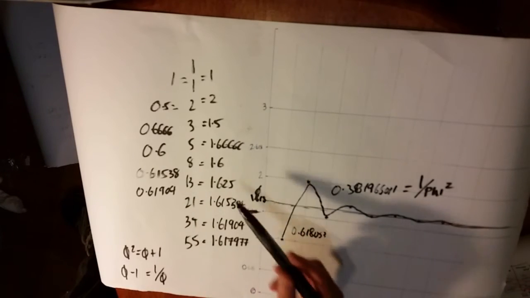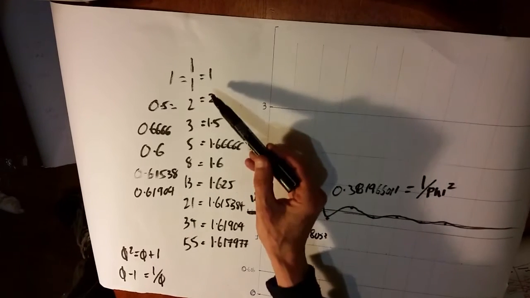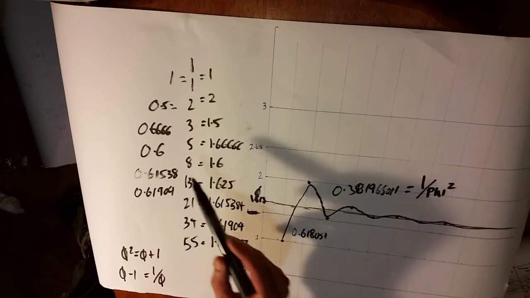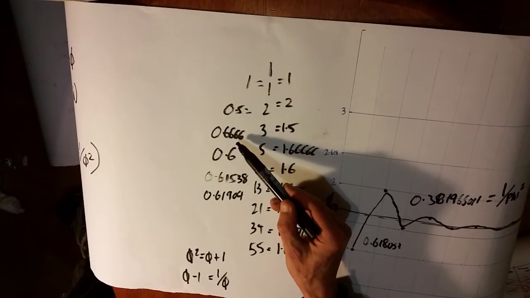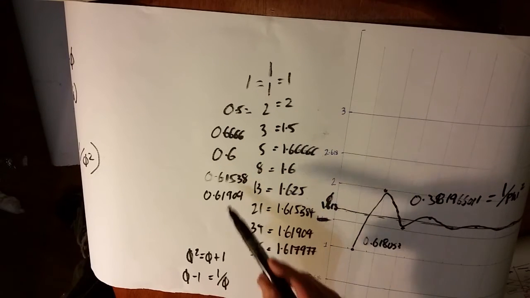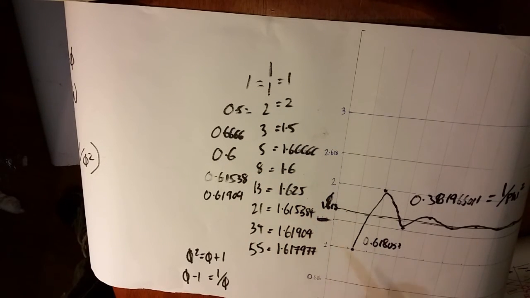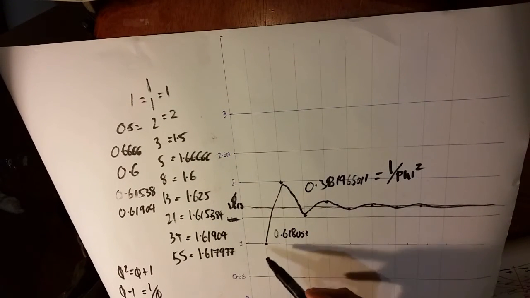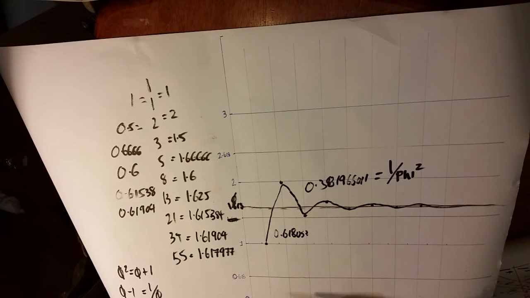So here is one side of the fib. Now if you were to do the same from here, let's do these numbers: 0.5, 0.66, 0.6. What happens is basically the same thing, it's just mirroring itself.